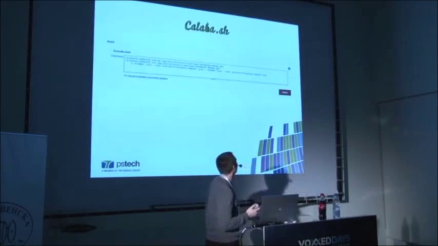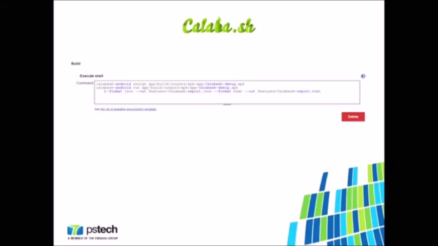For Calabash, we are removing the clean and build commands also. And in this execute shell script, there is only one difference. The name of our APK is different because we will have the Calabash version of our application instead of the one without it. And it is the same for the resign and the run commands.